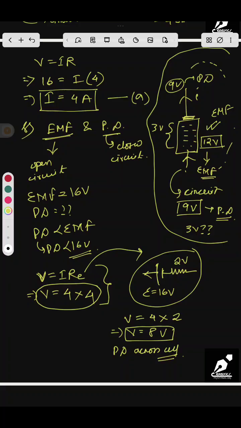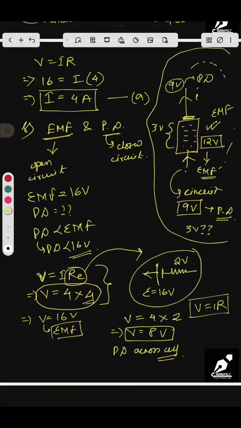Here you calculated using the equivalent resistance of the circuit. See, you are getting what? V is equal to 16 volt, which is the given EMF. So don't make such mistakes. You are asked to calculate the potential difference between the terminals of the battery only. So you'll be using the current coming out of the battery and the resistance of the battery in Ohm's law, V is equal to IR.